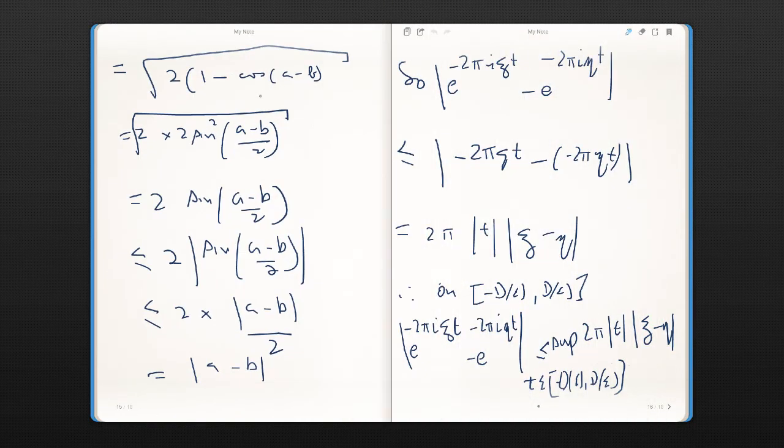Just a bit of algebra there, nothing hard about that. And we get down to here, to 1 minus cos(A minus B). Use the half angle formula to get here. And clearly this thing here can be negative as well as positive, and hence it will certainly be less than or equal to the absolute value.